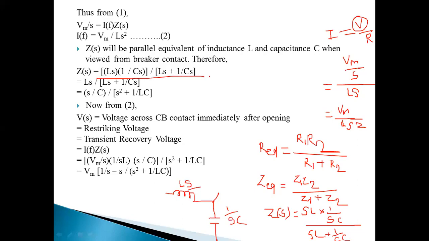So Z of S is equal to SL into 1 divided by CS, divided by LS plus 1 divided by CS. We are just finding the equivalent impedance. Now just solve this and check whether the answer below is coming or not.